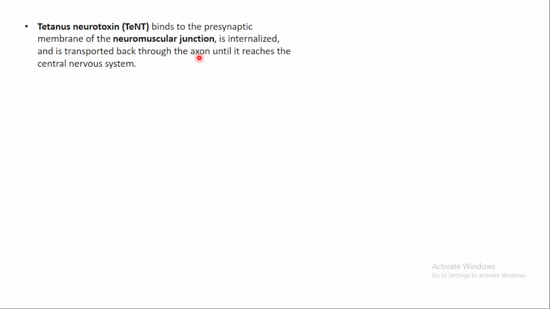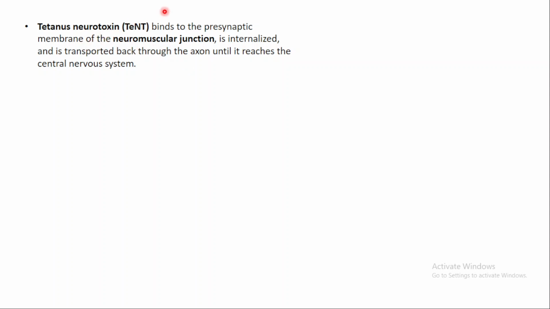The motor neuron is the signal generating cell, and the receiving cell is the contractile muscle. What happens in the neuromuscular junction? The sending cell's synapse is called the presynaptic membrane, the membrane where the synapse originates.